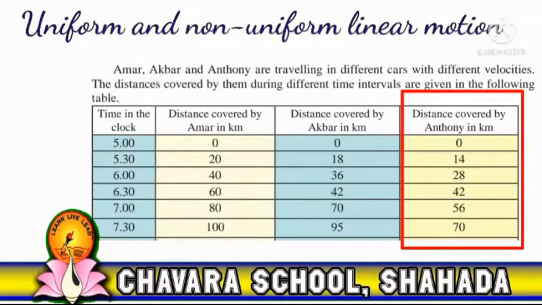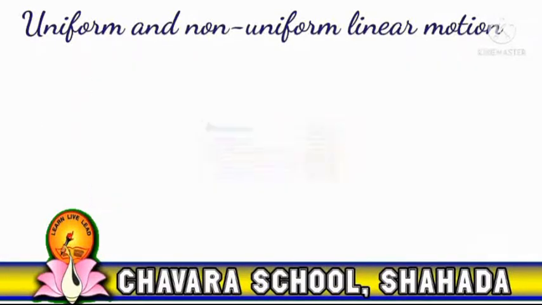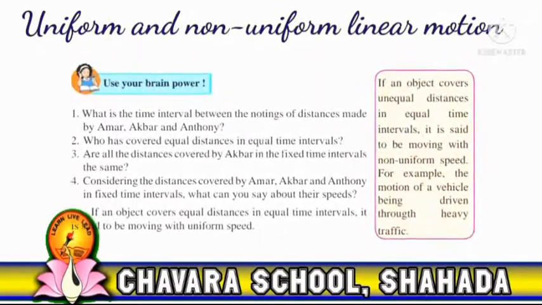In every half an hour, he covered a distance of 14 kilometers. While in case of Akbar, the distance covered is non-uniform in the uniform interval of time. Dear friends, use your brain power to answer these questions.